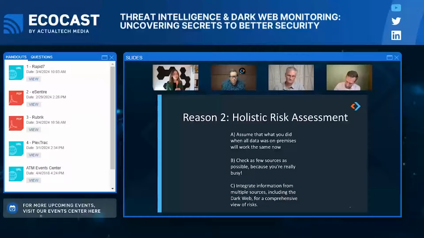Some great options here. I'm curious what you all think. Scott, I'm going to start out with you again. Holistic risk assessment. What do you think? So I'm going to go with option C, integrate information from multiple sources, including the dark web, for a comprehensive view of risks.